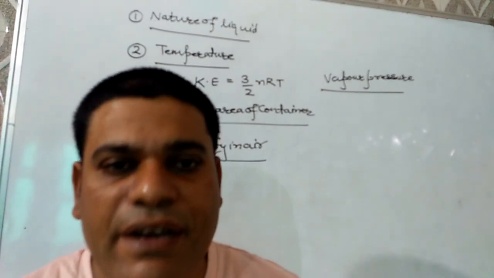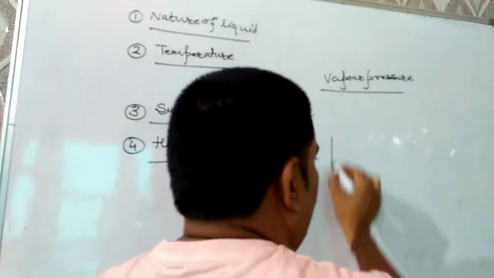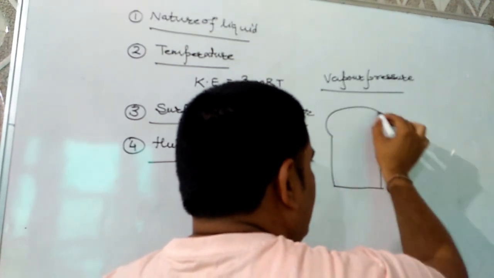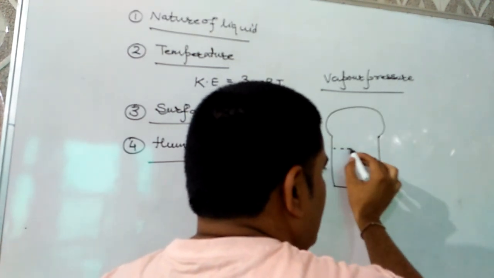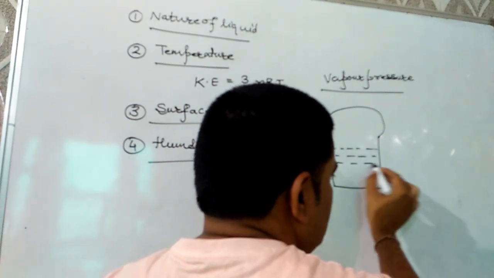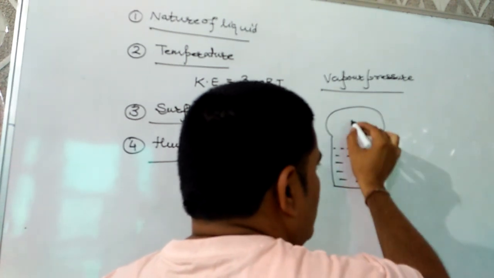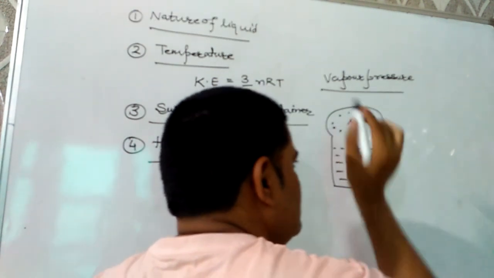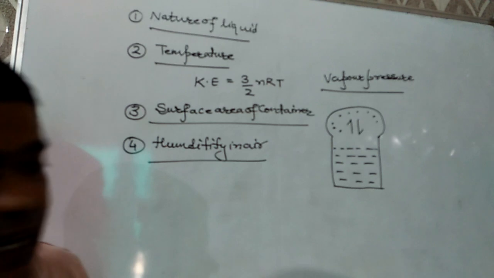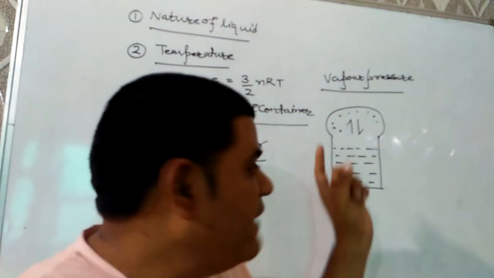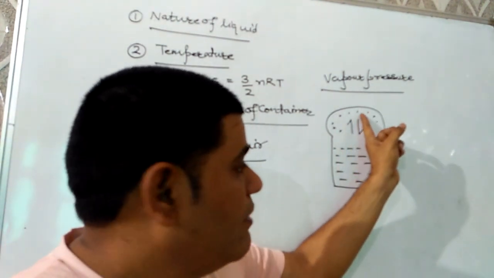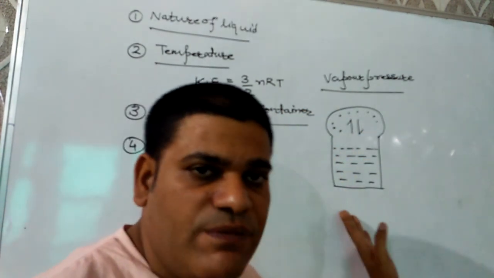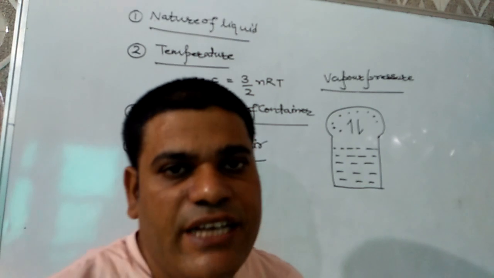Hence, when a liquid is kept in a closed container, evaporation takes place, due to which some molecules will be in vapor phase while other molecules will be in liquid phase. An equilibrium will exist, and at that equilibrium the molecules in vapor phase will exert a pressure on the surface of the liquid, and that pressure is known as vapor pressure.